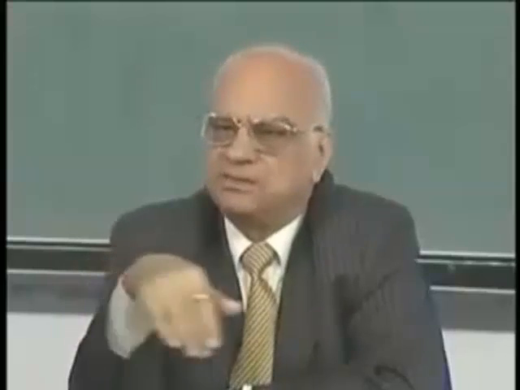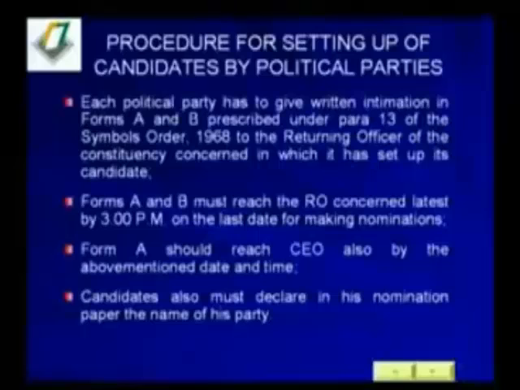The law, of course, in paragraph 13 we have said that Form B need not go to the CEO, but Form A, from the authorized office bearer for the party in the state, should go to the CEO. But somewhere the CEO may not have received it, and the returning officer may have directly received it.